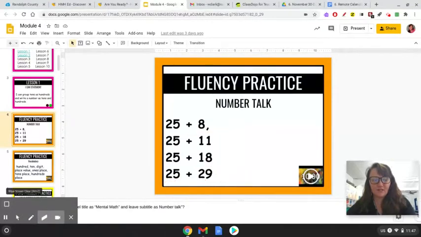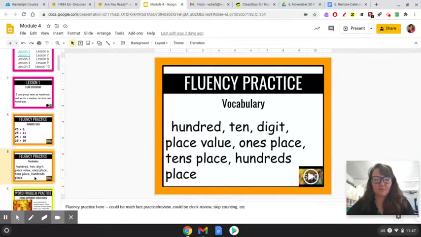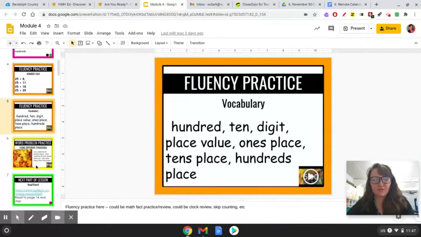All right, here is our math word problem. But first of all, let's look at some vocabulary for this unit. So we have hundreds, we have tens, digit, place value, ones place, tens place, and hundreds place. Okay, so 100, we know. 10, now we know that.